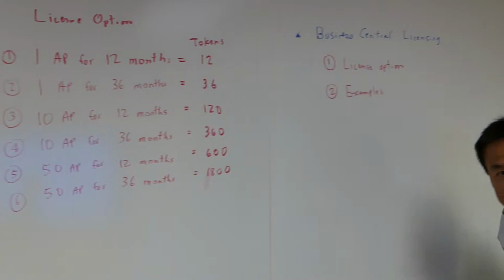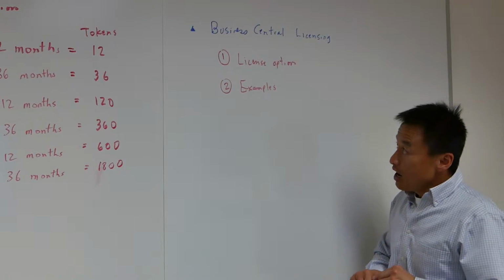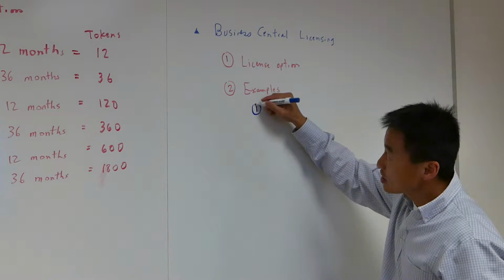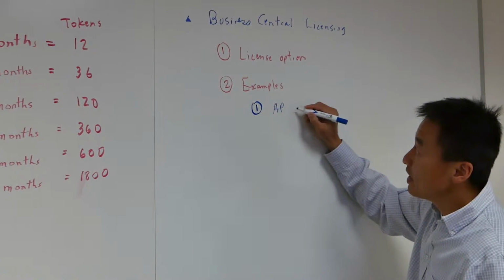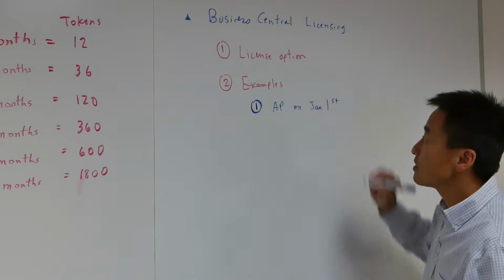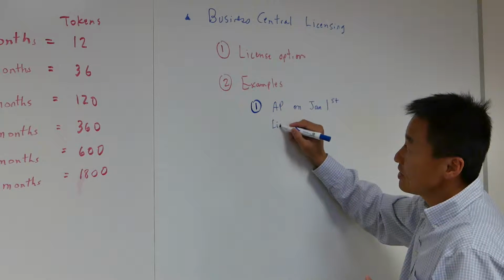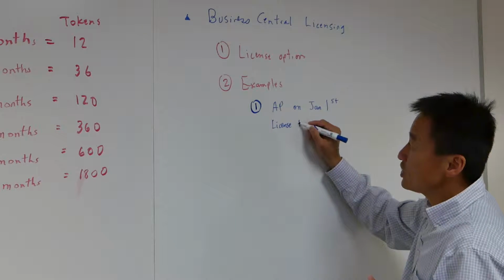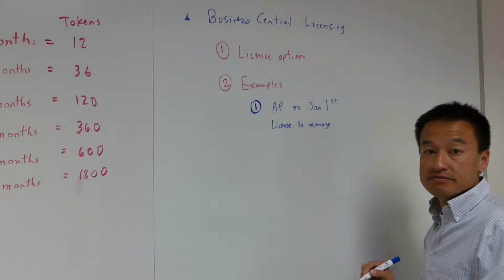So the first example I'm going to give you to illustrate this: the customer bought 1 AP on January 1st, and then he also buys a license to manage this AP.